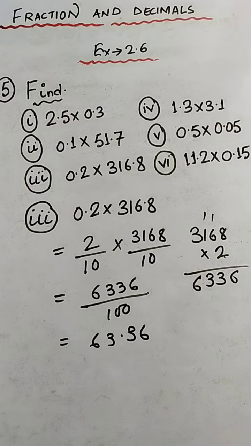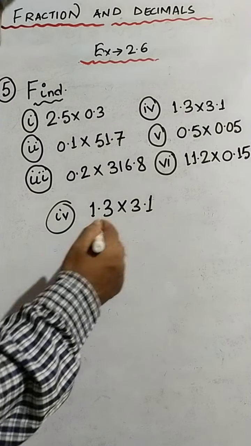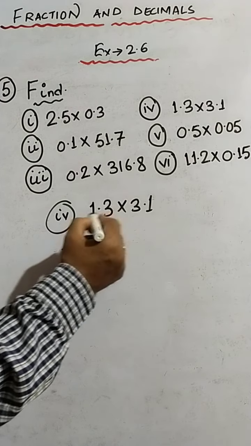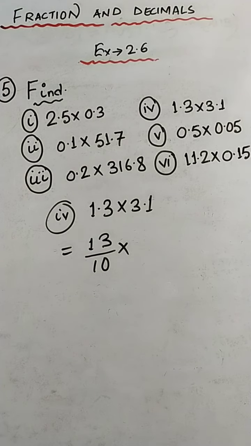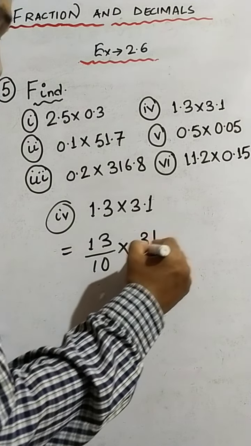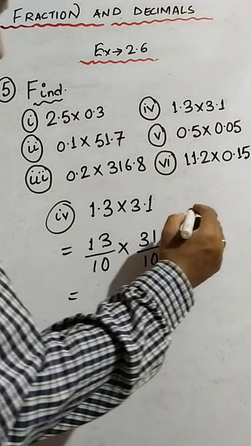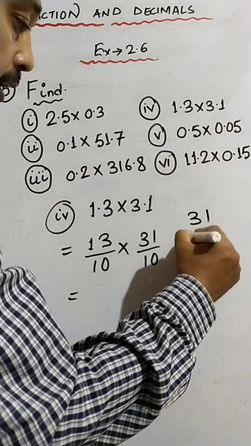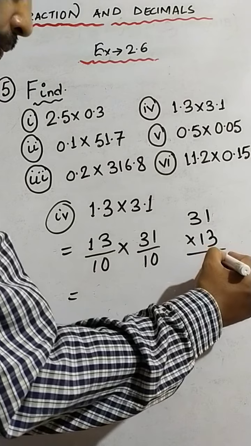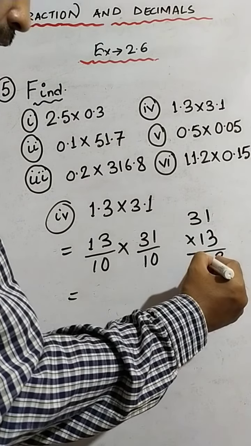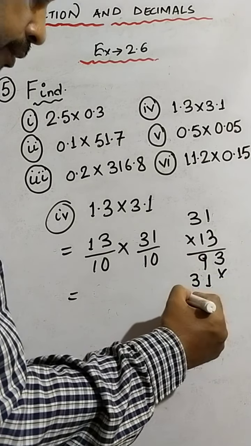Now let's move on to sum number 4. We'll go with the same process. 1.3 can be written as 13 by 10, and 3.1 can be written as 31 by 10. Now just multiply 13 into 31; 31 into 13 or 13 into 31, same thing. 3 1s are 3, 3 3s are 9. 1 1s are 1 and 1 3s are 3.